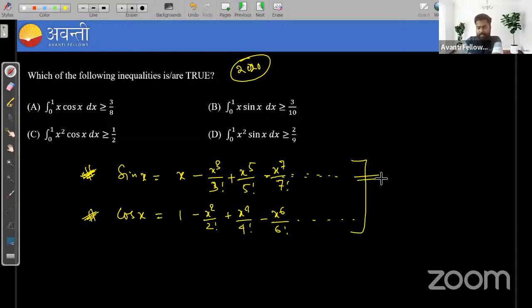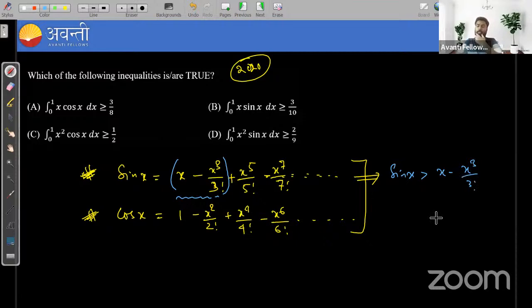From this series, in between sin x and x minus x cube by 3. So which is greater? Obviously, because within this bracket so many terms, or an infinite number of terms, are added, we can say sin x is greater than x minus x cube by 3 factorial.